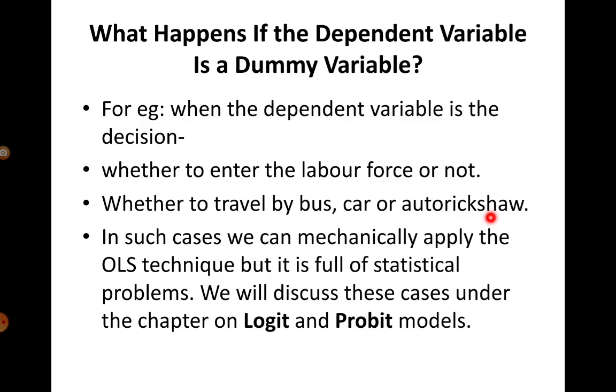Whether you stay far away from college or very close by could be a determining factor. So maybe distance of travel is an important explanatory variable. But in all these cases, as you can see, the y variable here is a categorical variable, where bus or car or auto rickshaw is the possible value that the y variable will take.